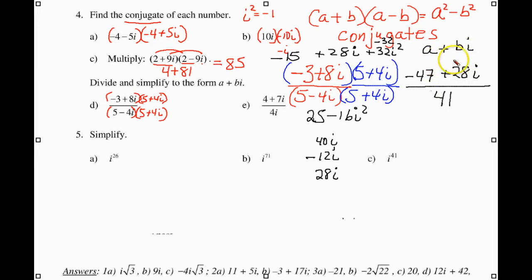In order to be in that form, it has to be negative 47 over 41 plus 28i over 41. Now that is in the standard form of the complex number. If you write it like this, MATLAB is probably not going to count it correct. You have to write it in standard form.